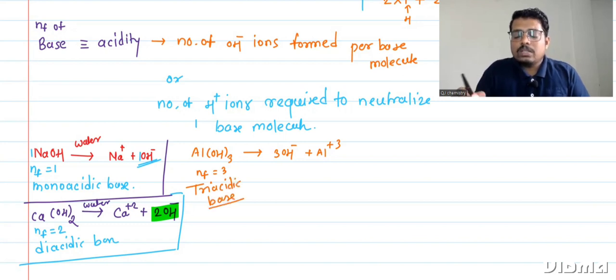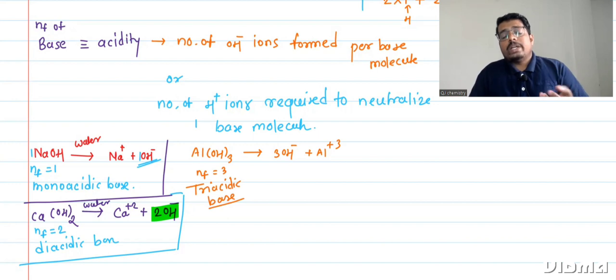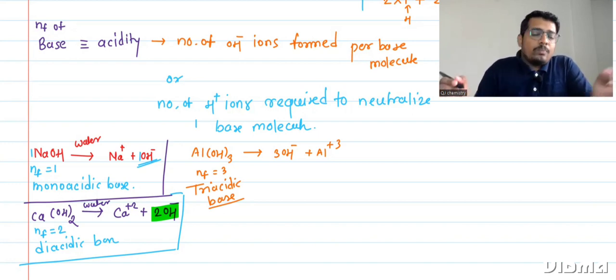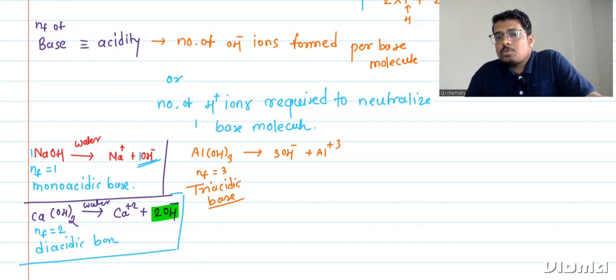So if the base contains OH minus ions, then depending upon the number of OH minus ions formed in the solution, we can easily calculate its N factor. Now, if the base does not contain OH minus, then how to calculate its N factor?